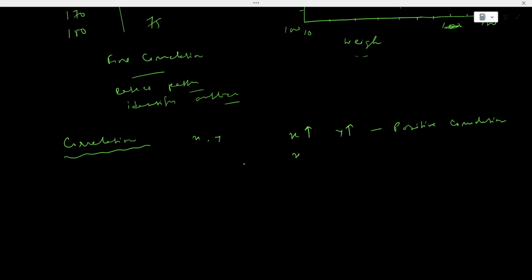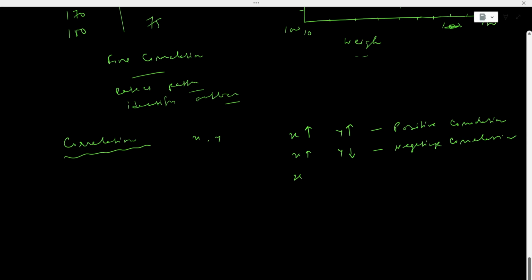Now when my x increases and y decreases, that is called negative correlation. And when there is no clear relationship between x and y, that means if x goes up, we cannot predict the trend of y, then it is called no correlation.